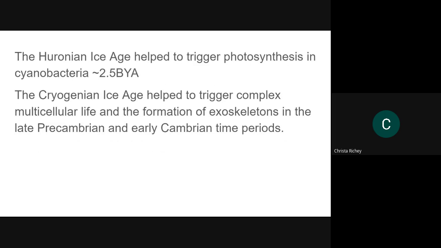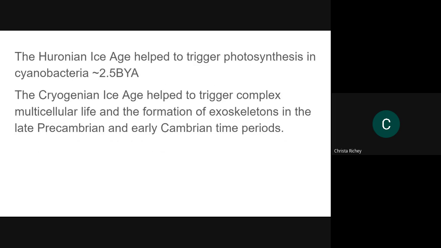You fast forward a whole bunch of time, and now we're at the end of the Precambrian, and we're going into the Cambrian. And the next one, the Cryogenian, we call this snowball Earth. There were 4 glaciations that happened with this one. This is the one that triggered the advancement of complex multicellular life.